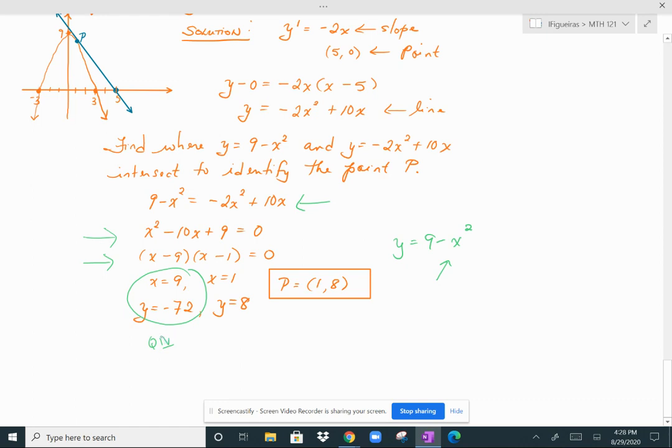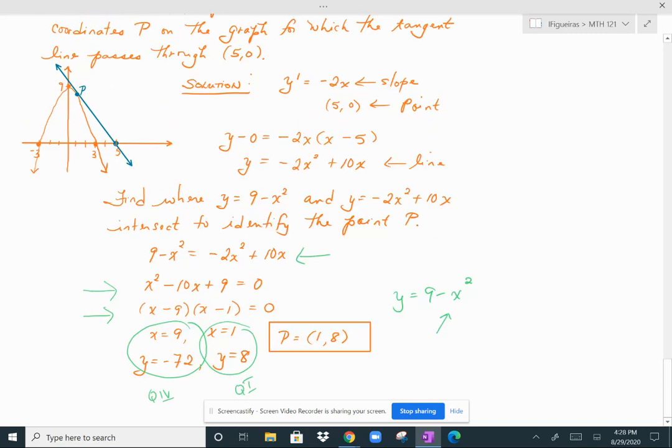But when I plug in 1 into 9 minus x squared, I get that y is 8. So this is in quadrant 1. This sounds more reasonable, and this definitely looks like it could be the point (1, 8). So we have found the coordinates of P.